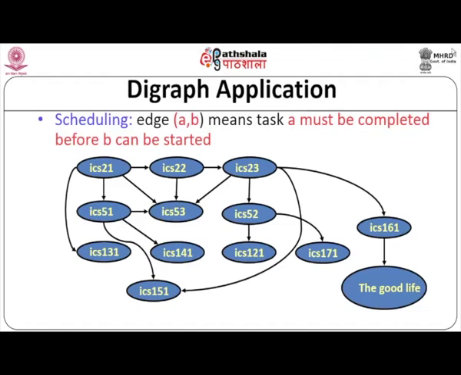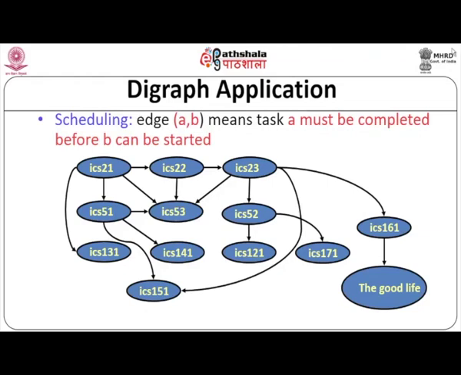Then I can do ICS 161 and finish, or I can do ICS 23 if I want to cover all the tasks, after which I can do ICS 52. Now, look at ICS 53. It can be done only after ICS 21, ICS 22 and ICS 23 are over, while ICS 52 can be done after 23 only, but 23 can be done only after 21 and 22. But 51 can be done only after ICS 21, it does not have to wait for 22, 23.